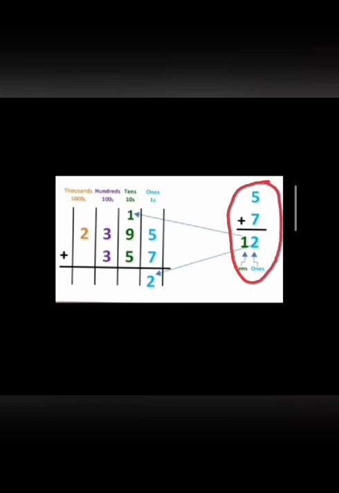We get 12. Now see here again, 2 is a ones number and 1 is a tens number. So 1 will go as a carryover to the tens place and 2 will be placed under the ones column.